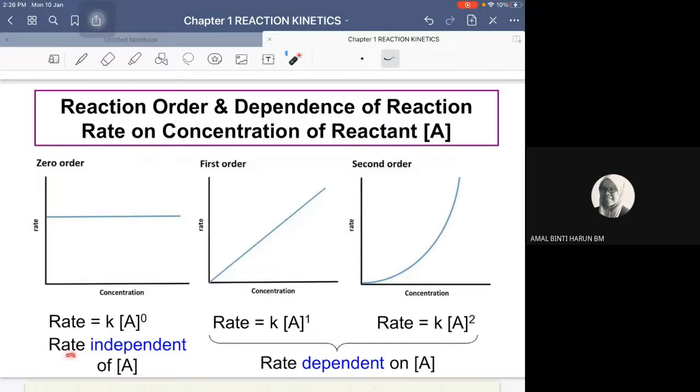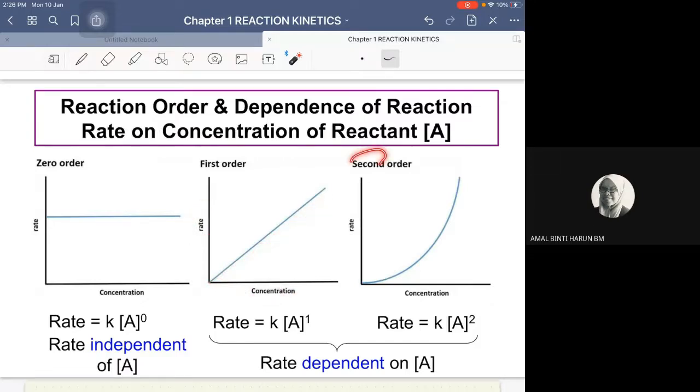So rate is independent of the concentration of A. Tapi kalau kita tambah concentration bagi first order, semakin kita tingkatkan concentration, rate juga semakin meningkat. So this one is rate versus concentration.